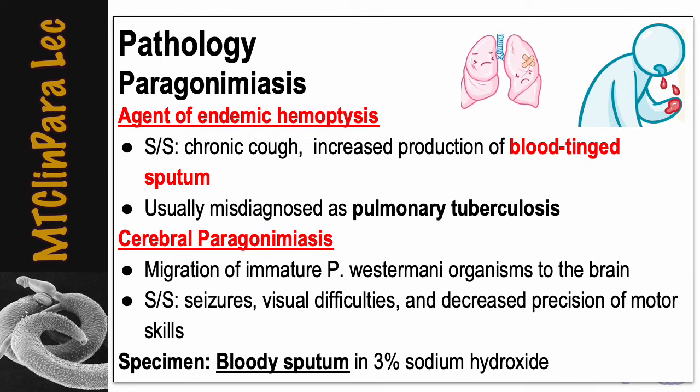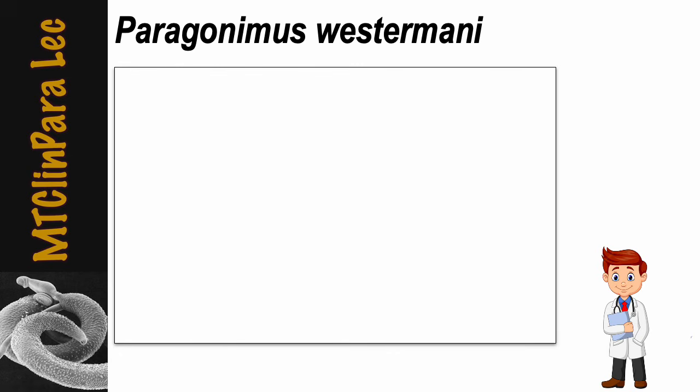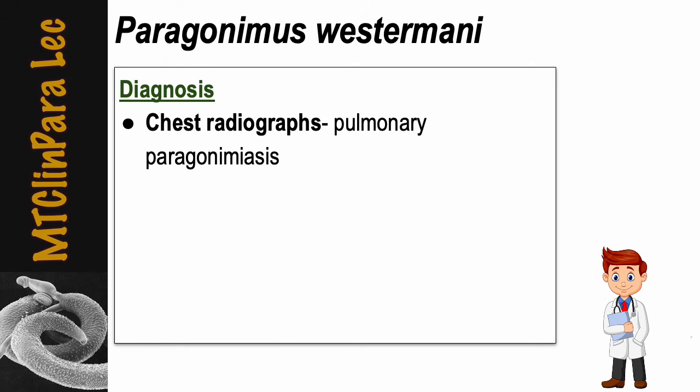For the diagnosis, the specimen of choice, especially for lung infection or endemic hemoptysis, is bloody sputum, which is submerged into 3% sodium hydroxide. Other methods that we can use is chest radiograph. So this is to check for the severity of pulmonary paragonimiasis.